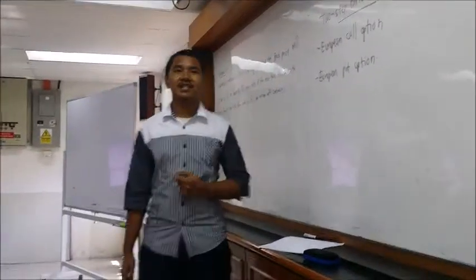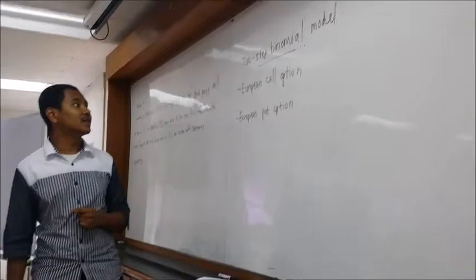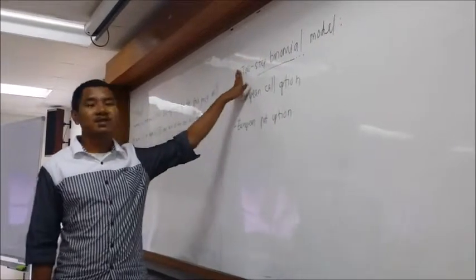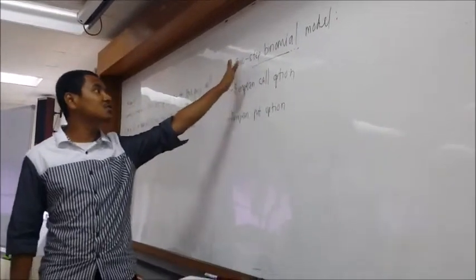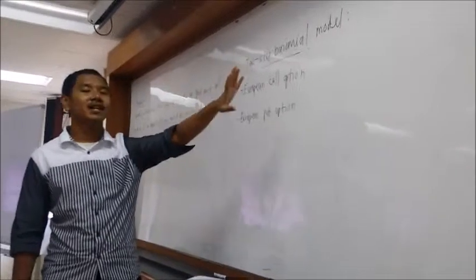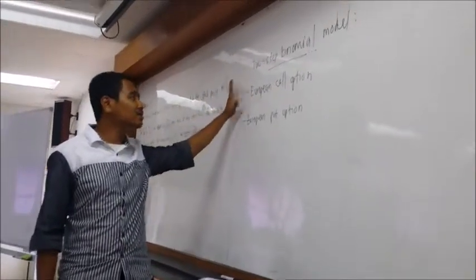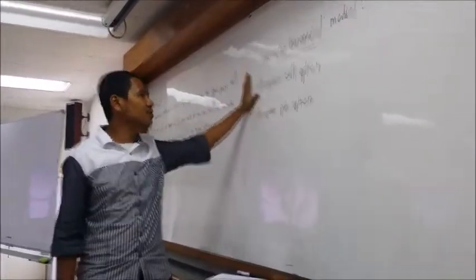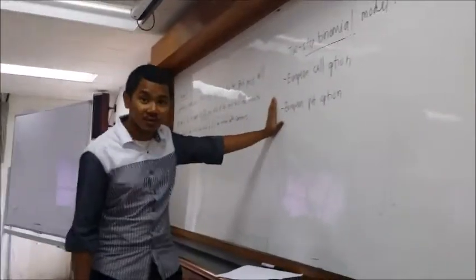Today I will teach you about the two-step binomial model. The two-step binomial model is divided into two parts, which are the European call option and the European put option.